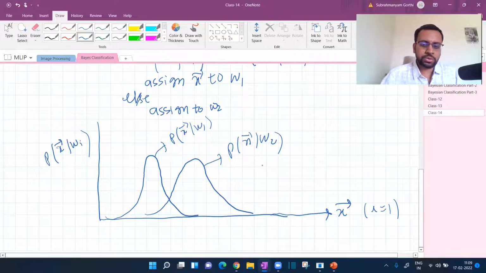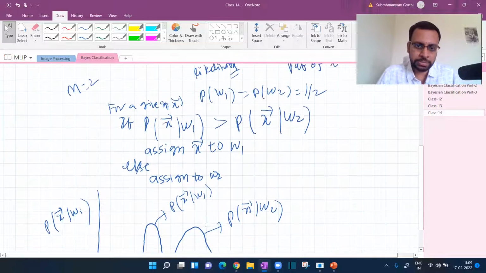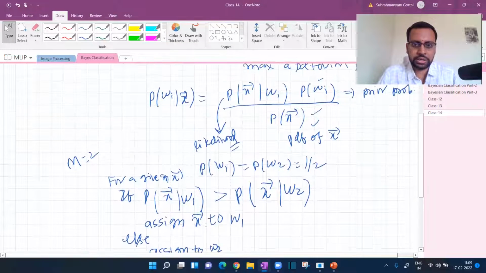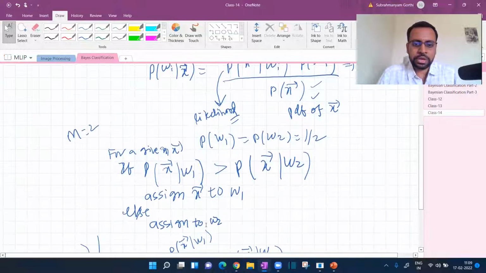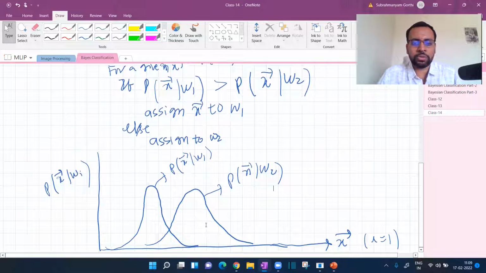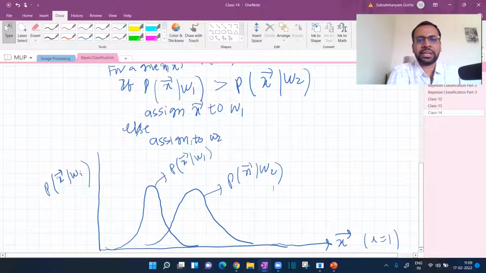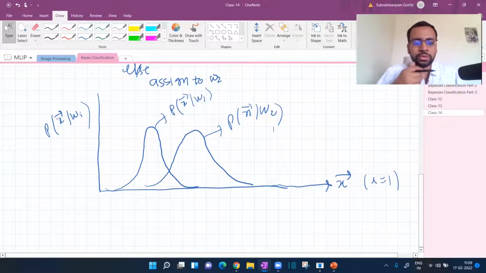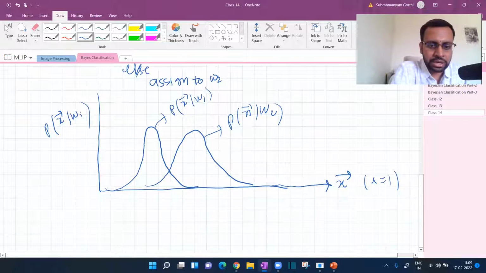So look at the statements that we obtained here. Up to what point on x is x bar given omega 1 greater than x bar given omega 2? This is quite obvious, especially when your variances are the same.